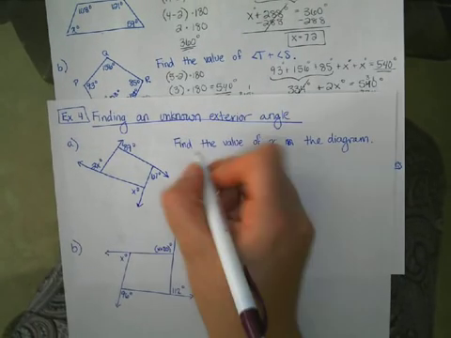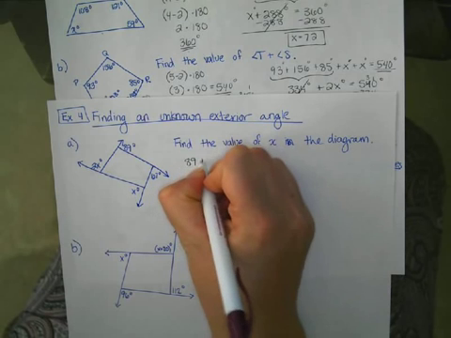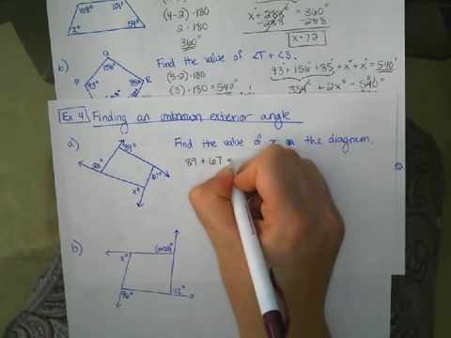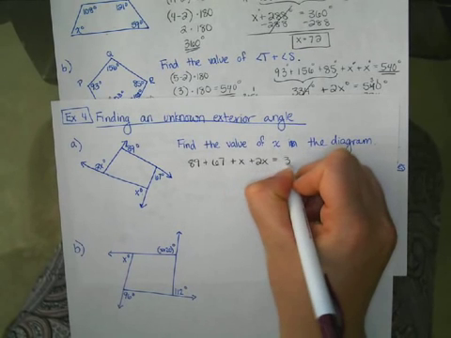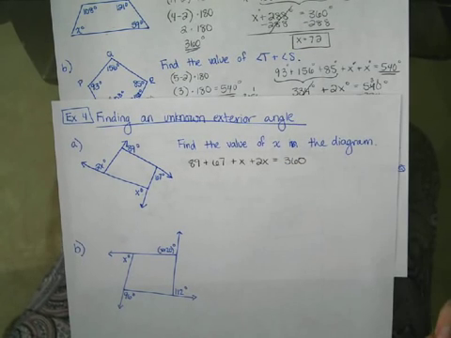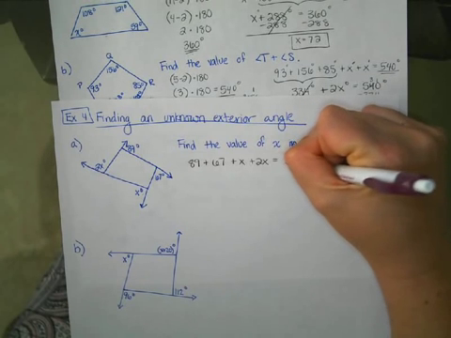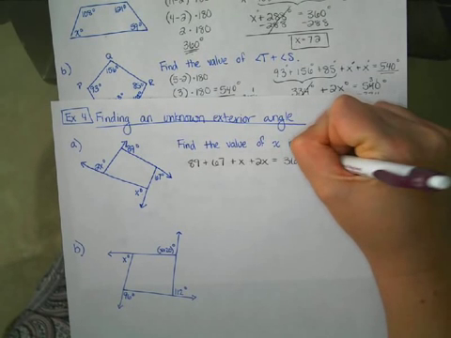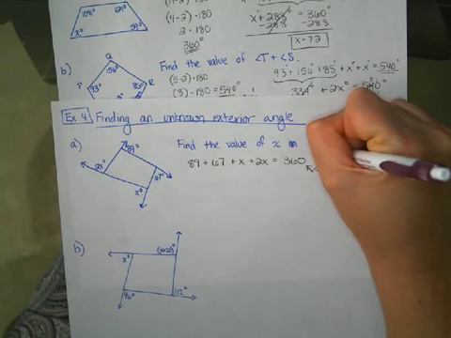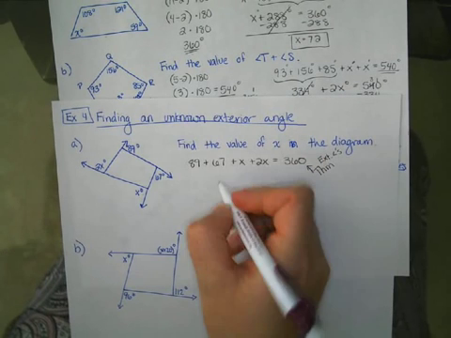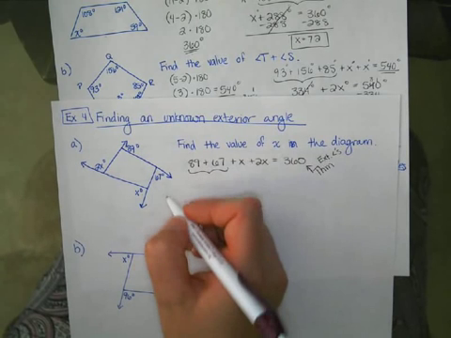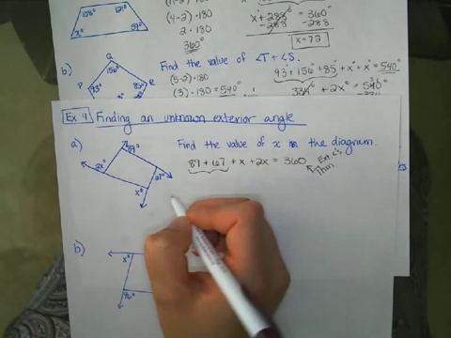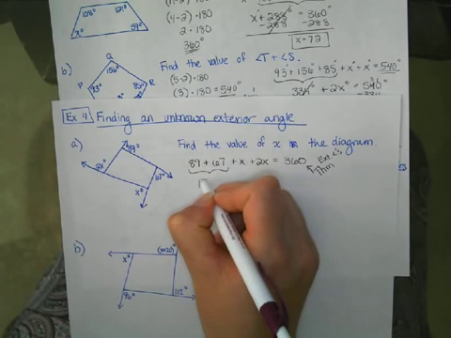So then what's 89 plus 67? Anyone know? I heard it. It's 156. What's x plus 2x? Good. Equals 360. Subtract 156 from both sides. That cancels and I'm left with 3x equals 204.